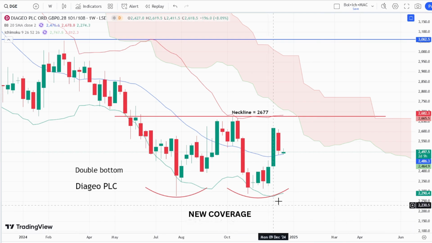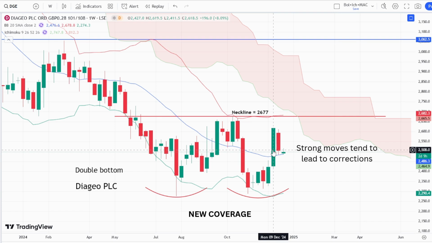Of course, it could fall in the next 1 to 2 weeks because of this sharp rally. I've said this before in past videos, that strong moves are often accompanied by a modest to mild correction of 1 to 3 weeks, after which upside should resume.